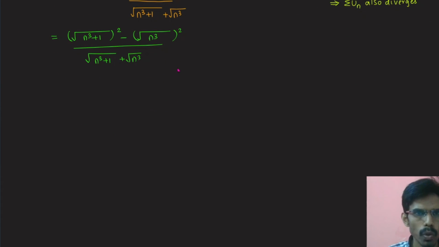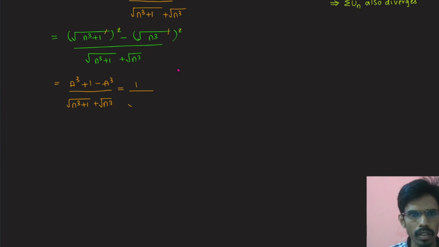Now this root and square will get cancelled. So we are left with n cube plus 1 minus n cube upon root n cube plus 1 plus root n cube. Now in the numerator these two will get cancelled. So here we have 1 upon root n cube plus 1 plus root n cube.